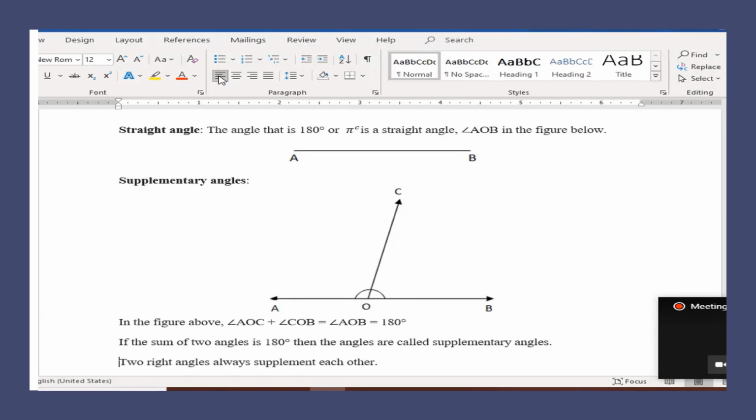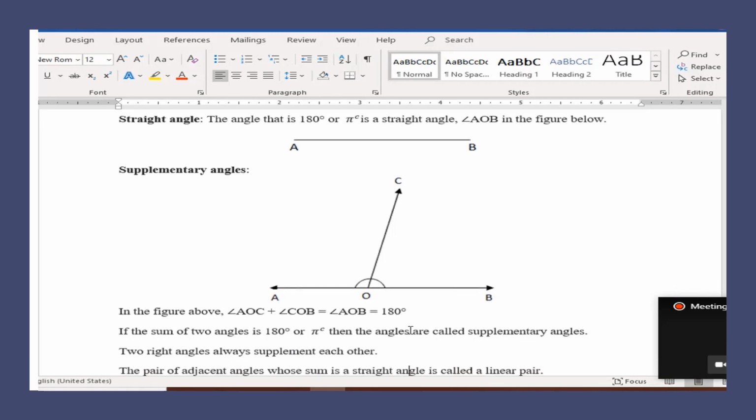So if the sum of two angles is 180 degrees, or pi radian, let me copy that because we need that, or pi radian, then the angles are called supplementary angles.